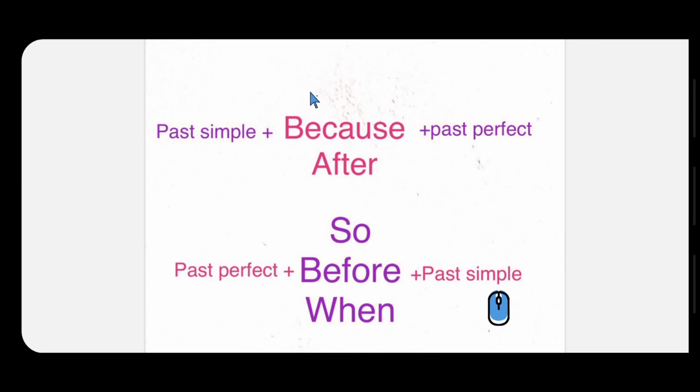After because and after we always put past perfect الماضي التام and another sentence past simple. الso والbefore والwhen عكس المجموعة الأولى. We put after it past simple and then past perfect. هذا التقسيم أو هذا المخطط هذا للصف السادس إعدادي.